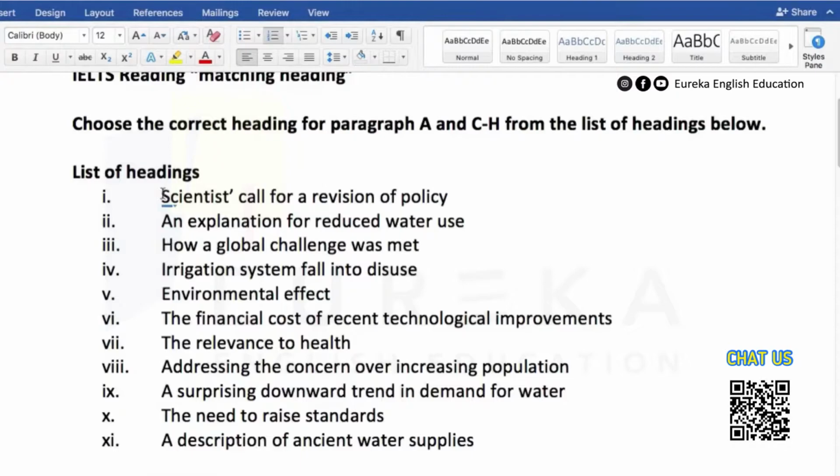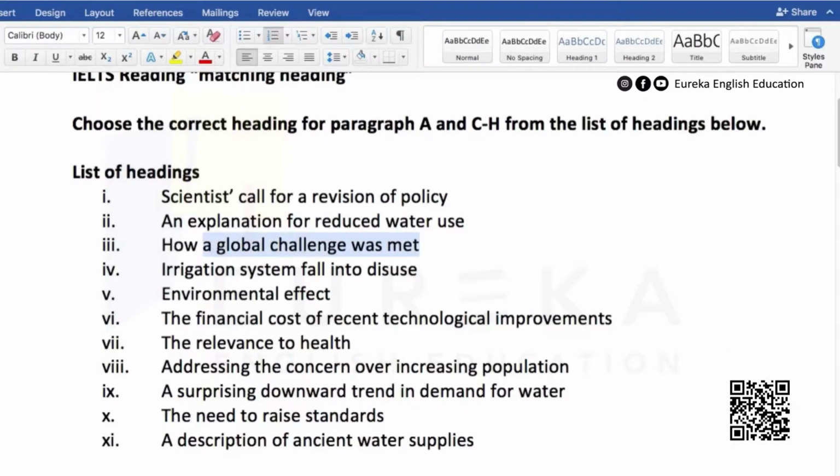Let's compare one by one. Question number 1, scientists called for a revision of policy: I don't think there is an explanation about scientists. An explanation of reduced water use: there is an explanation of water use, but not specifically about reduced water use, so I'll eliminate this option as well.